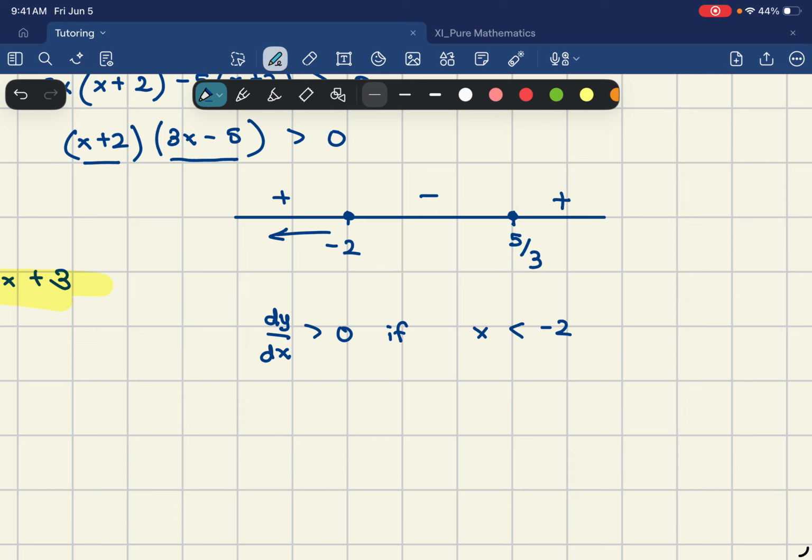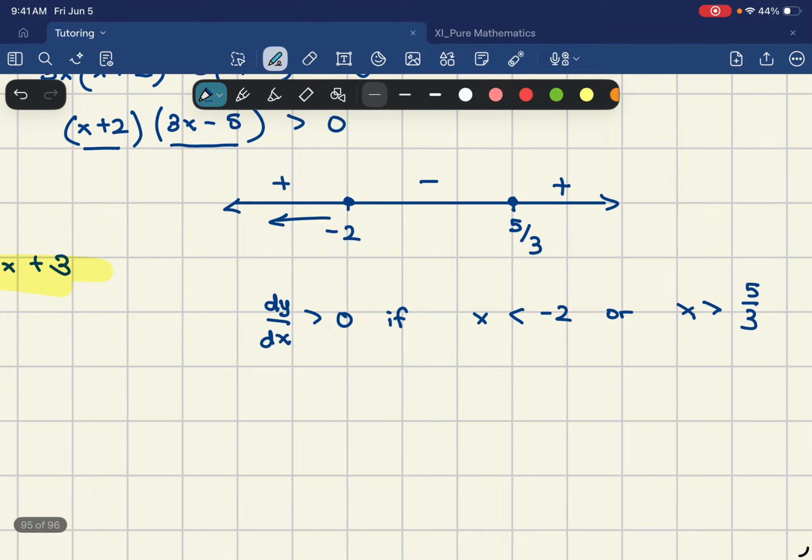This is a number line. That's why it's less than negative 2. Or x is bigger than 5 over 3. So that is going to be your solution. So x is less than negative 2 or x is bigger than 5 over 3. So that is your solution.